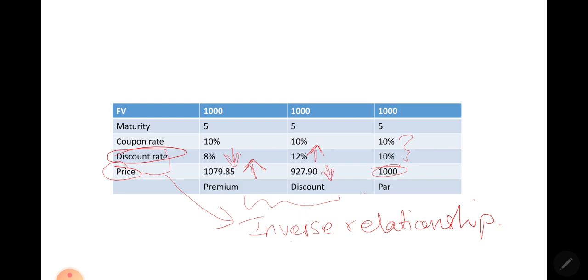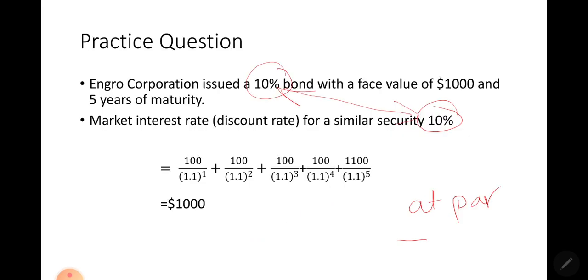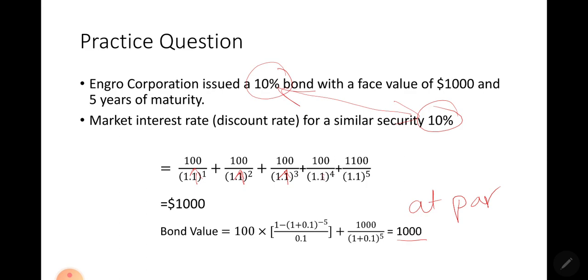This is also seen from the formula itself. If we go back to the formula, you can see over here, if the R increases, automatically the price will go down, because the formula is in such a way. Even over here, if the R increases, the price will go down, and vice versa for the other way.